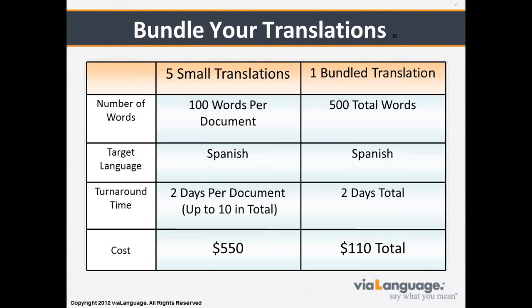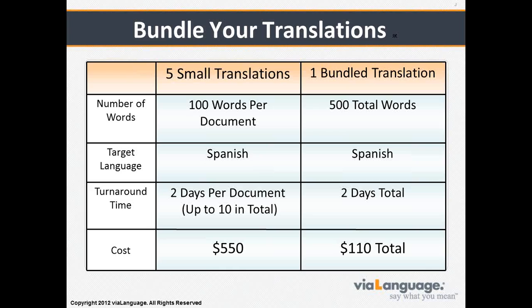Yeah, so if we're thinking about bundling translations, what's the net impact of bundling your translations? Well, the big benefit is that in bundling your translations, you can get a total of 500 words in a bundled translation versus 5 small translations where you could get 100 words per document.